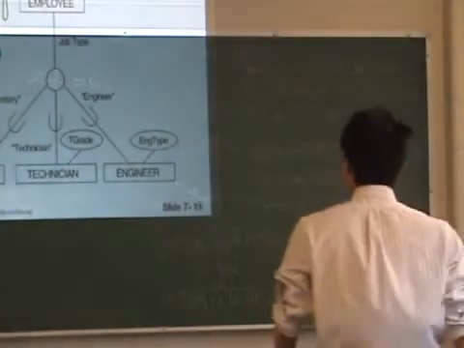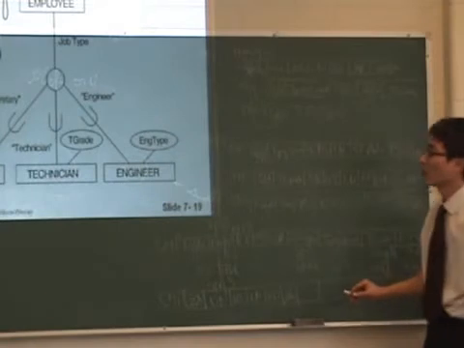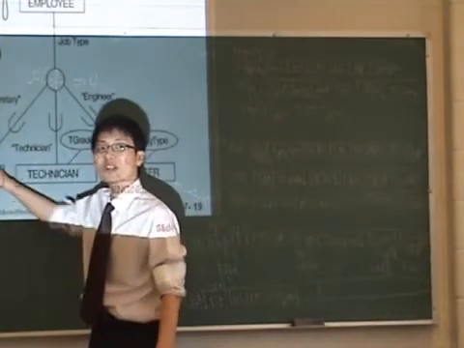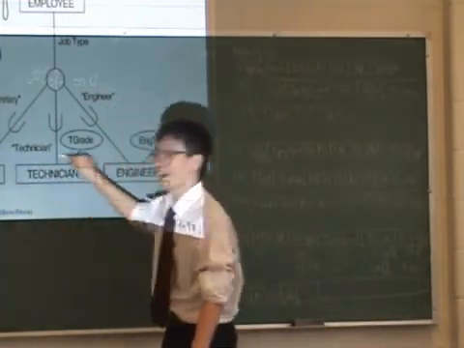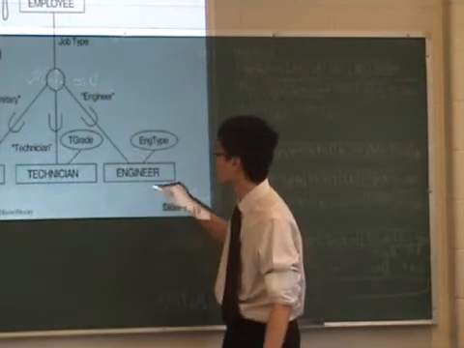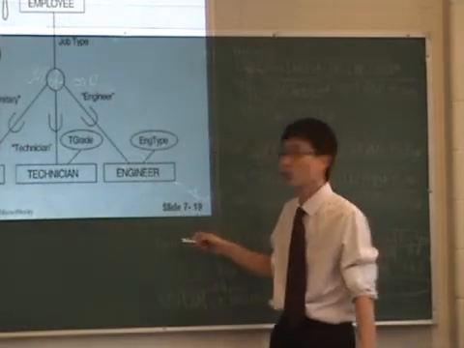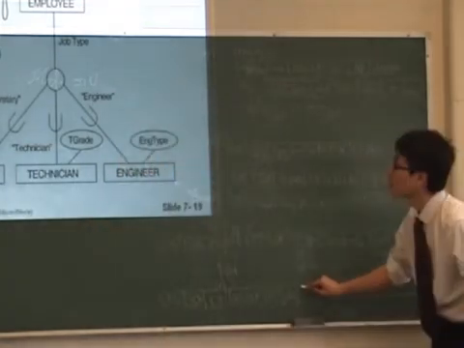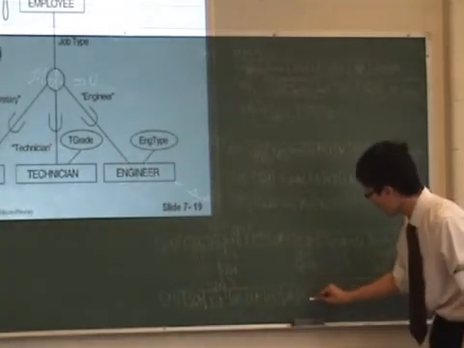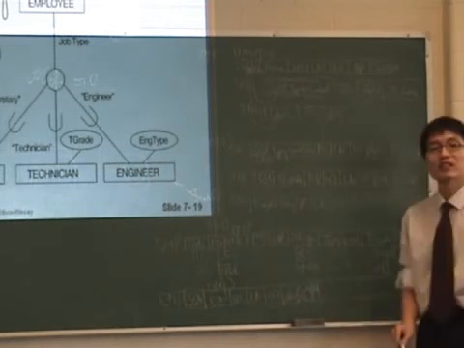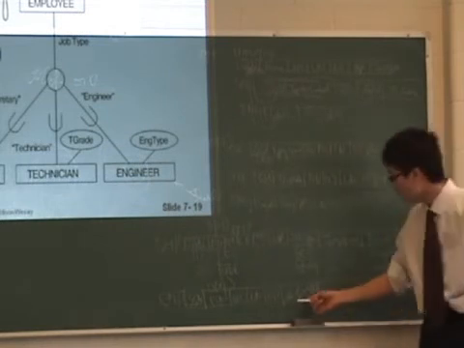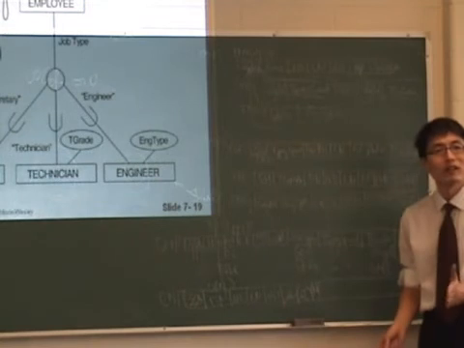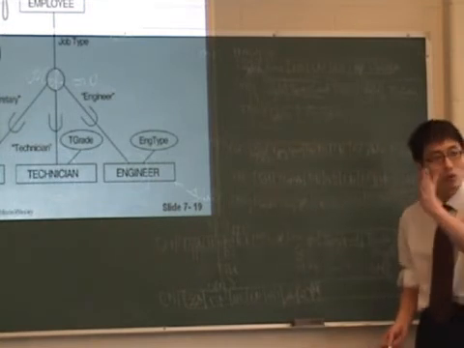Anyway, we can use such a Boolean data type. Is it secretary? Yes or no. Is it technician? Yes or no. Is it engineer? Yes or no. If you belong to all of them, all are yes. So secretary, yes or no: SECYN. Here it will be 0 or 1, yes or no, or true or false.